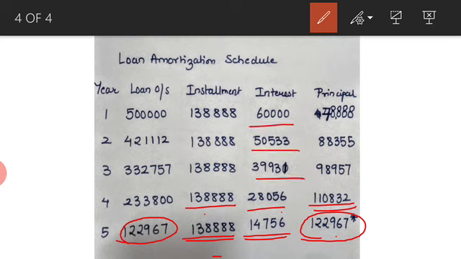We have rounded it off, and that is the reason why this difference is coming. Okay, doesn't matter. How it is done is, whatever is the interest, let it be. This principal amount would be equal to the loan outstanding amount in the last year only. That is the adjusted figure. This is called as the adjusted figure.